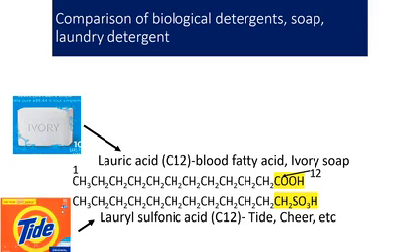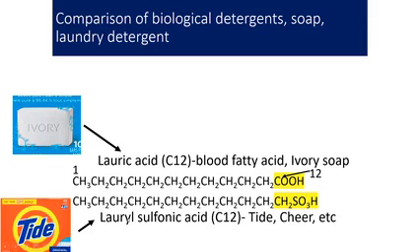If you had Tide or any number of other laundry detergents, they also have 12 carbons, but at the end they have a sulfur group that makes them able to work even in a non-ideal environment like hard water, or highly mineralized water. So the name of that is very similar to the fatty acid that's found in Ivory, lauric acid.